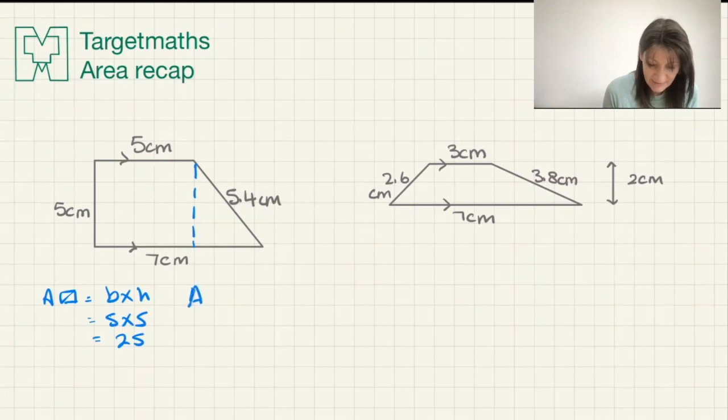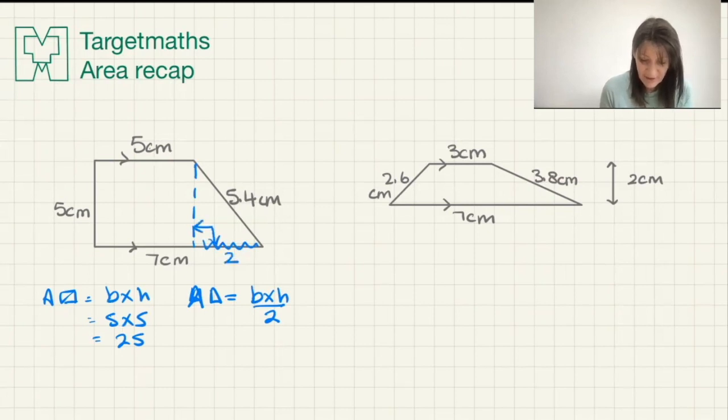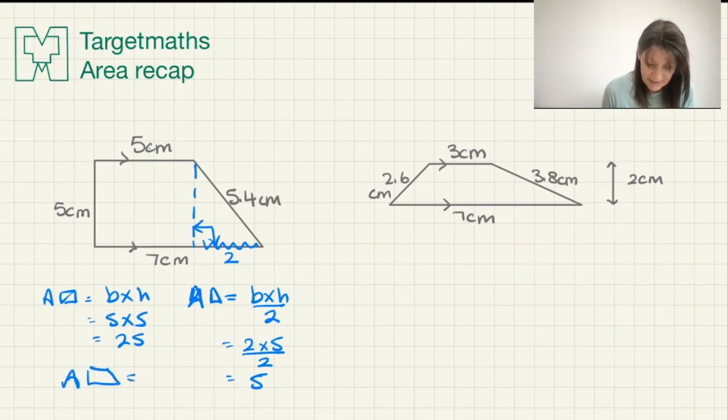And the area of my triangle is base times height divided by 2. So that is going to be this here. Here's my right angle. So there's my 2 edges. That's going to be 2. 7 take 5 is 2. So I've got 2 times 5 divided by 2, which is 5. So the area of my trapezium is 30 centimeters squared.